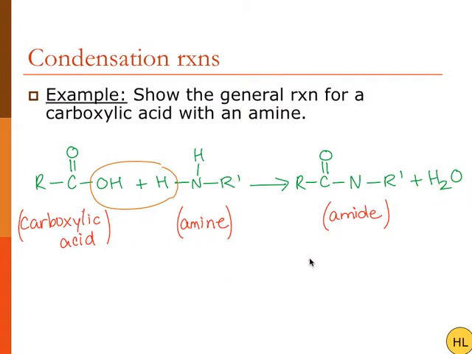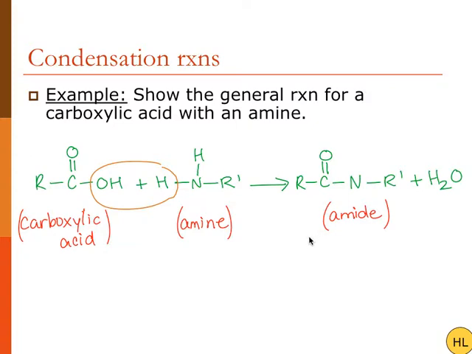What this allows us to do is focus on the reaction that we're concerned with, and that is the one between this carboxylic acid and this amine, where these two functional groups bond, forming water, and then I will form an amide.